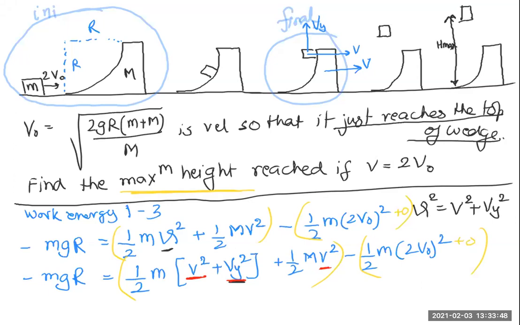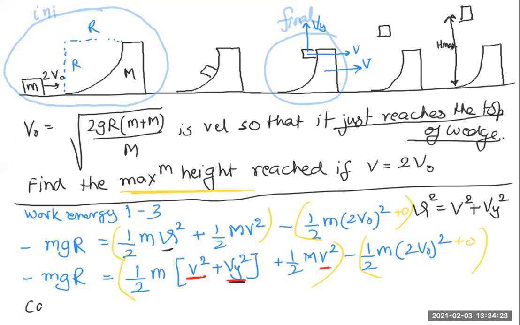So I go back and look at the system, and I say, in my system there are two objects, the block and the wedge, and there is no external force, absolutely nothing acting along the x-axis. There is no friction from the ground. Earth can only apply vertical forces. Since there is no x component of external force on the system, the momentum of the system along the x-axis will remain conserved.